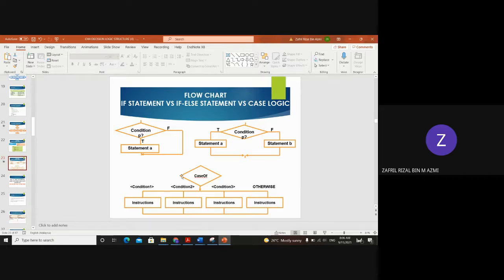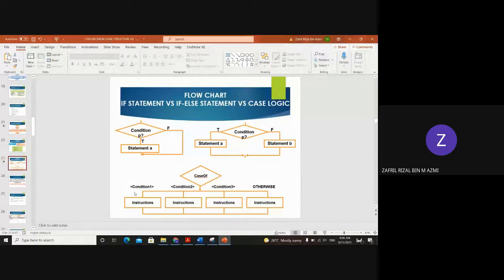If the decision involves a floating point number, a decimal number, or a string, more than one character, you cannot use the case logic structure.